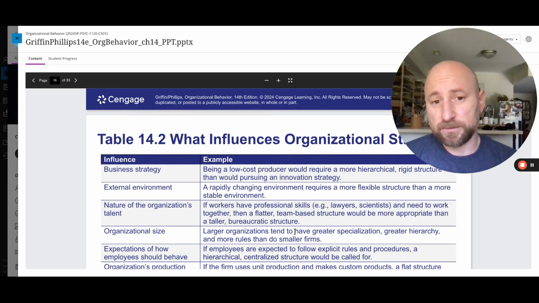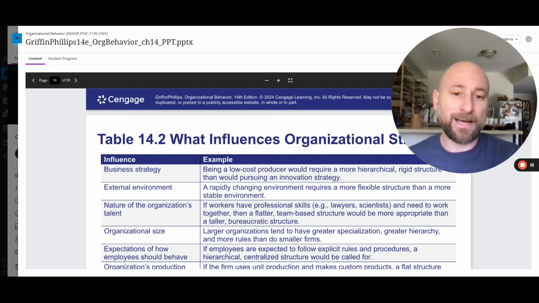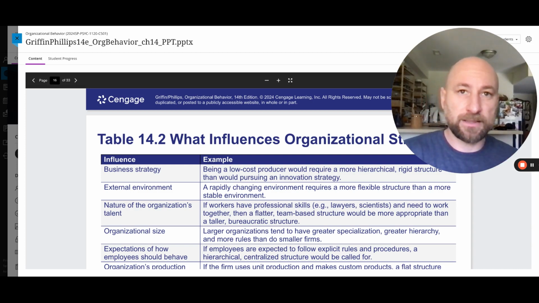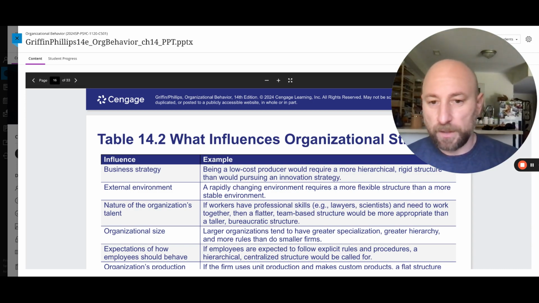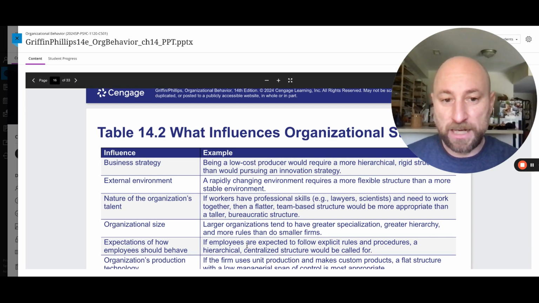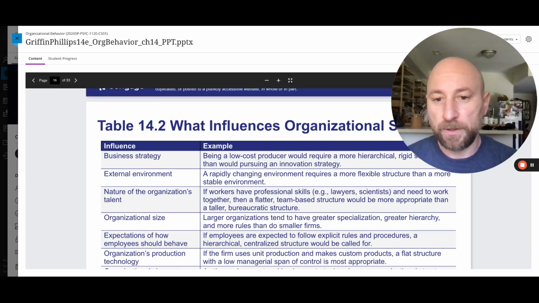This is also because a large firm is probably one that has existed for a long period of time. So over that time, things have sort of become crystallized into place. Expectations of how employees should behave: if employees are expected to follow explicit rules and procedures, a hierarchical centralized structure would be called for.